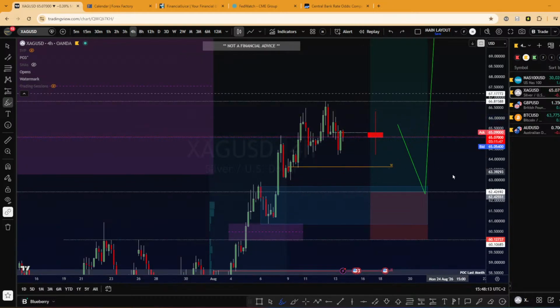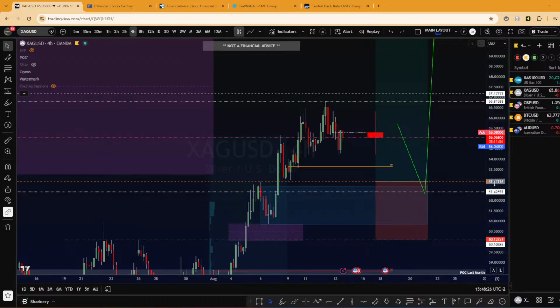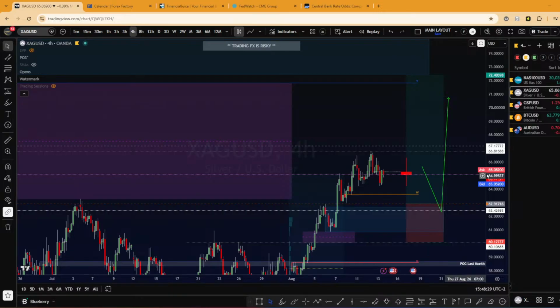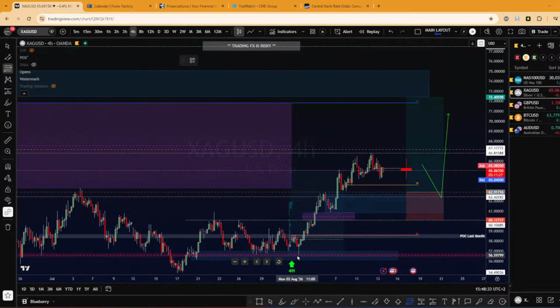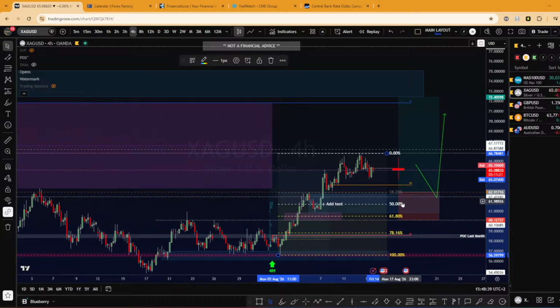So I will put some highlight here, somewhere here will be interesting, and this will correspond. You see 50% is around here. This could correspond to a retracement around this zone.